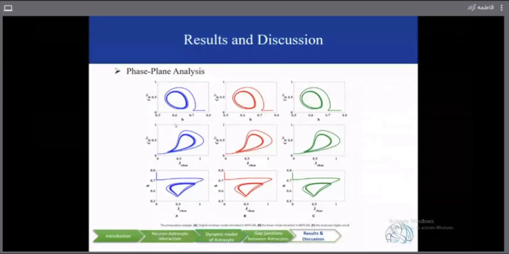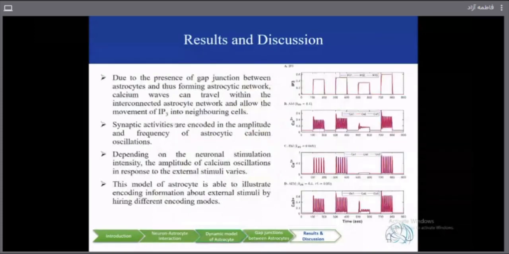So in the present study, the novelty of our paper is a new angle to analyze neuron-astrocyte interaction and astrocytic implementation in hardware. In fact, this is the first neuromorphic hardware which mimics the gap junctional communication between astrocytes.